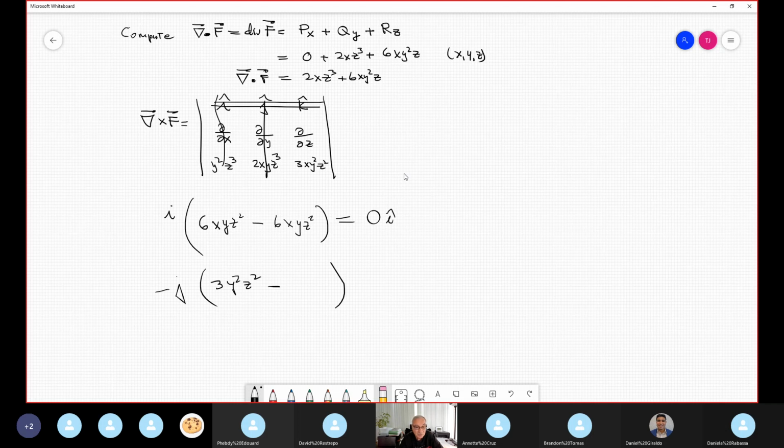Minus, and now the partial derivative with respect to c. In this case we have c cubic, and this 3 goes to the front, decreasing by 2. Again, it's 0j. You know, it's no minus, it's 0j, because 0 has no sign.